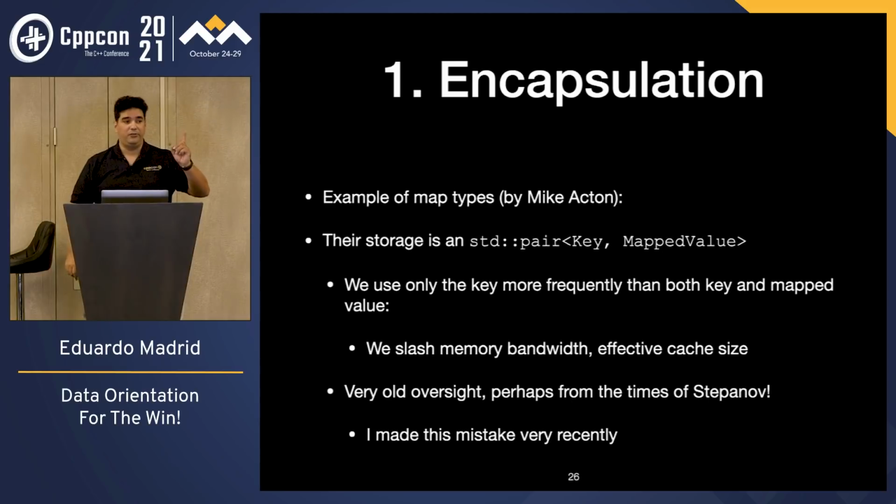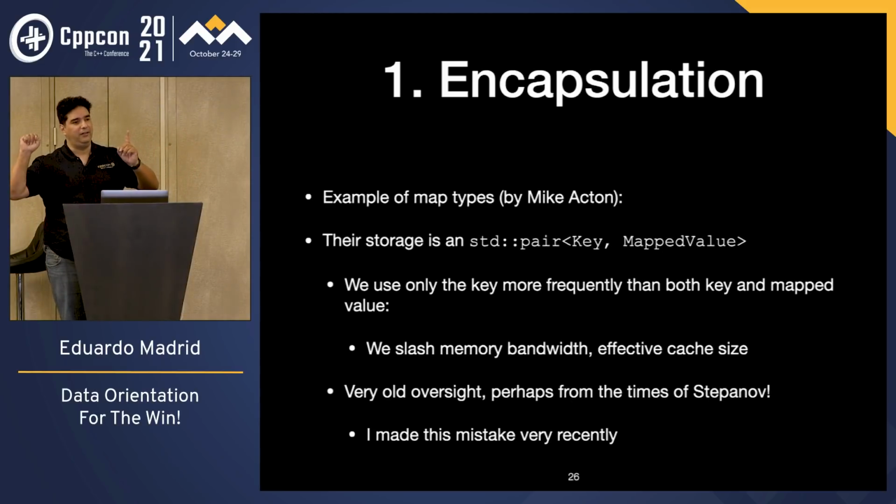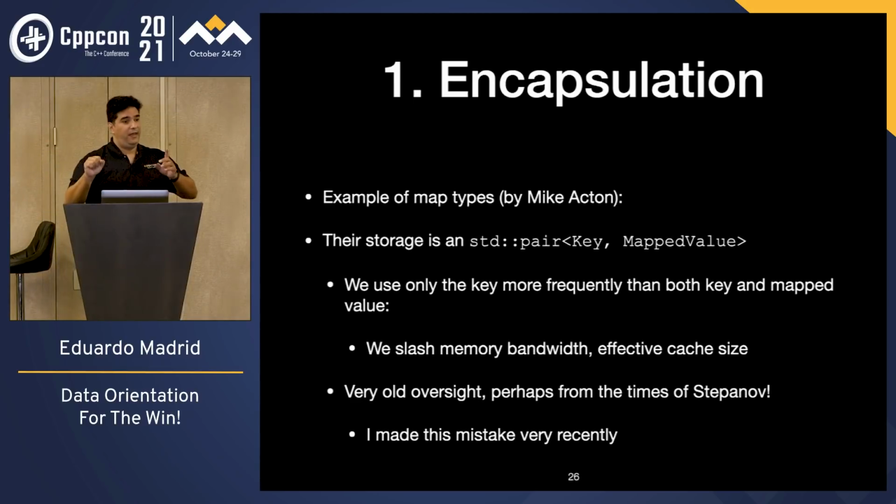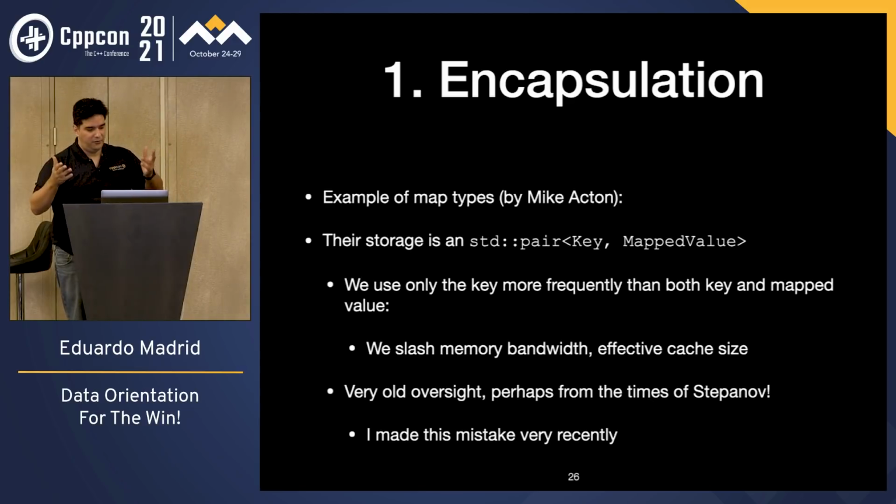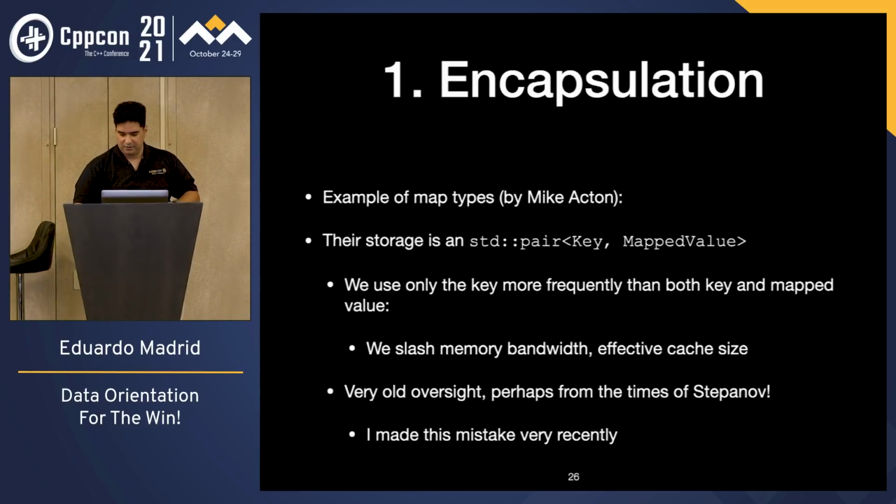So every time that we're using the key, we had to bring into memory, from memory to the cache, or from the level 3 to 2 to 1 to register, the whole value too, okay? That's an inefficiency.